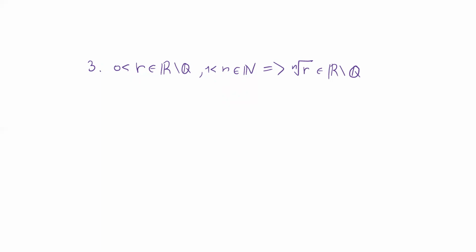And in order to prove it, if we want to prove a general statement, we usually will say, let r be an irrational number and let n be a natural number, and then just show it holds.